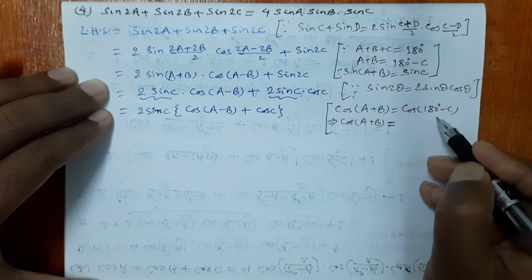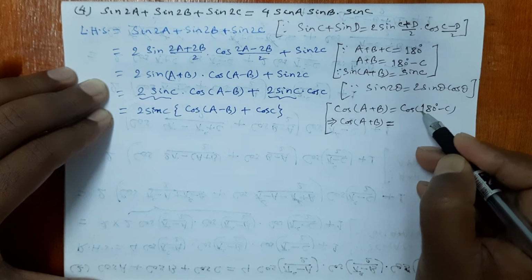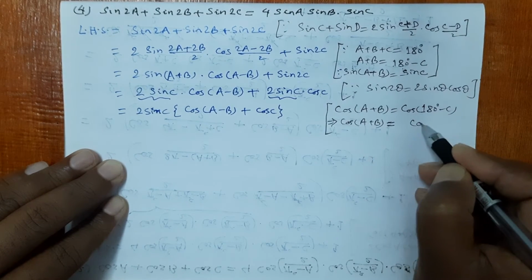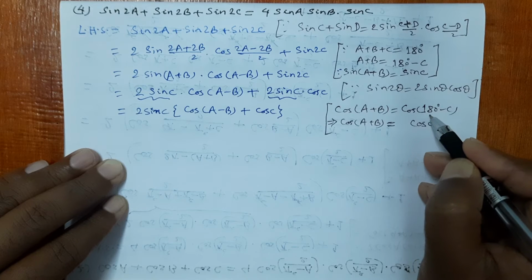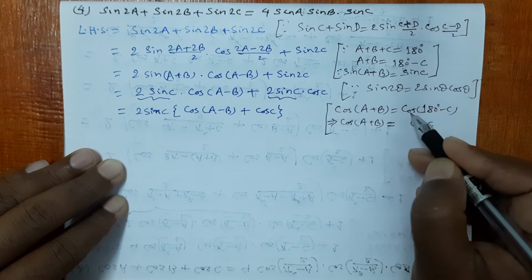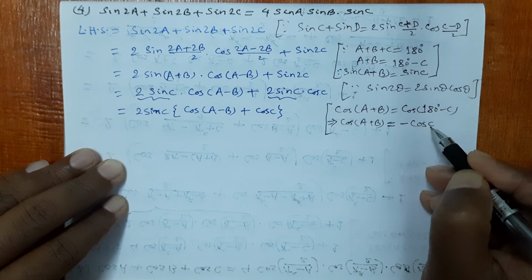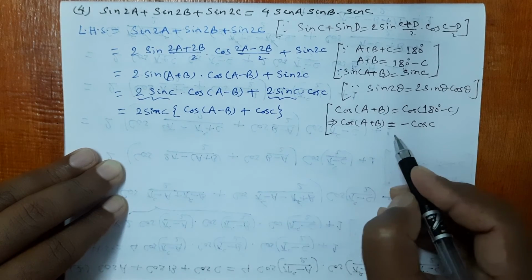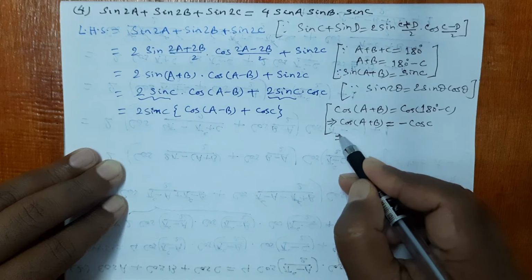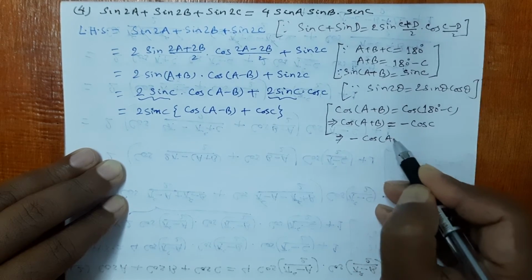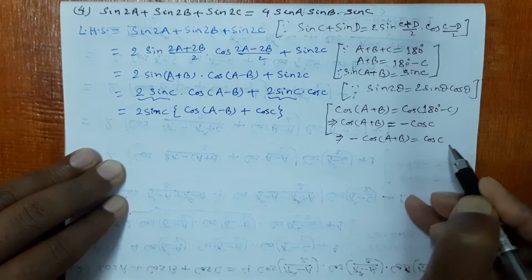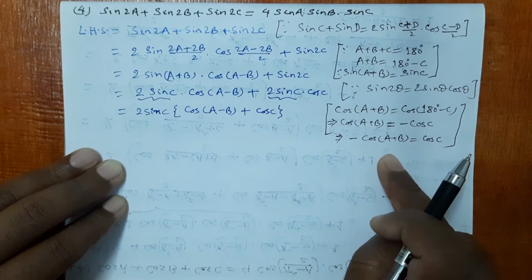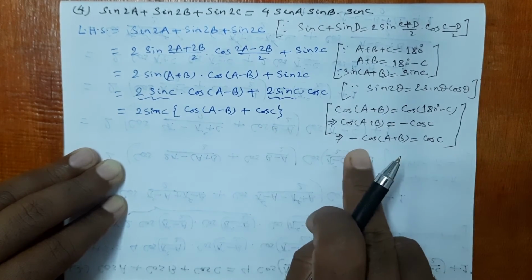In the second quadrant cos is negative, and 180 is an even multiple of 90, because 180 we can write as 90 times 2, 2 is even, so cos does not change, cos C remains. But as this 180 degree minus C lies in the second quadrant, cos is negative, only sine and cosec are positive in the second quadrant, so it will be minus cos C. If you multiply both sides by a minus sign, then minus cos (A plus B) equals cos C. We get cos C equals minus cos (A plus B), so this cos C can be replaced by minus cos (A plus B).